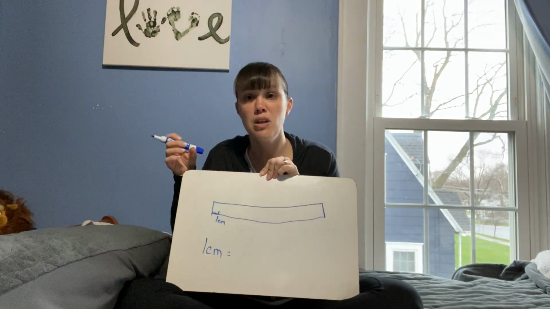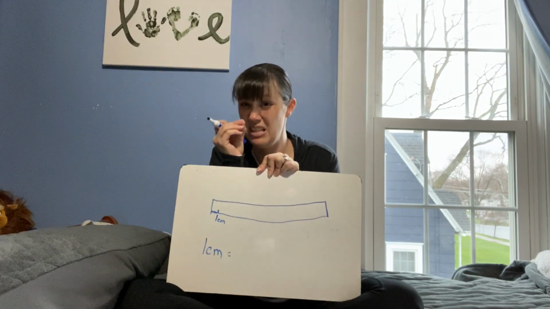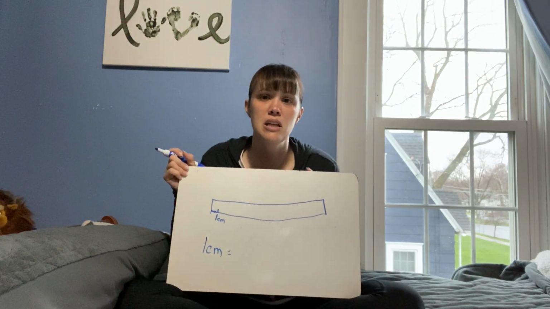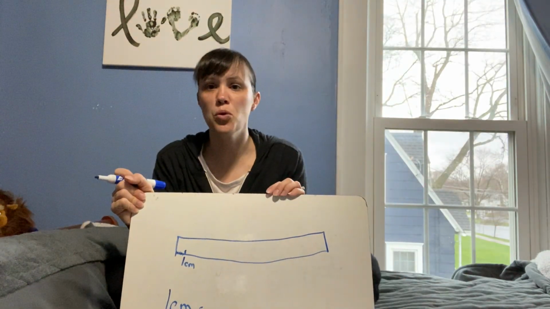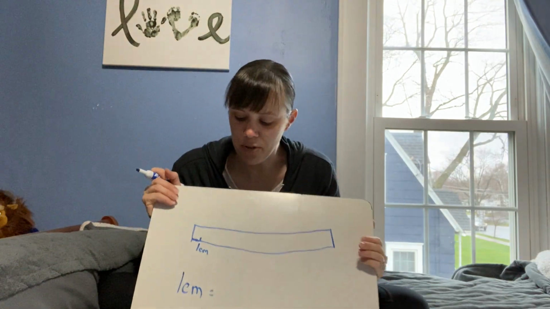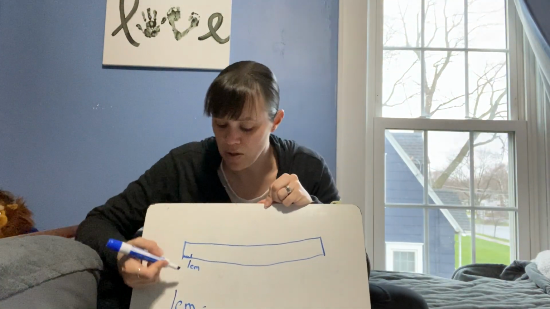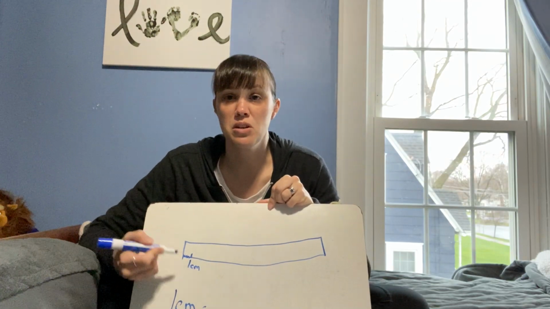So when we measure things, we measure them usually to the nearest tenth in centimeters, because that's very small. In inches, it's a little bit different. We could do like 1/4 inches and 1/8 inches and so on. But for centimeters, we don't usually measure to the nearest centimeter, it's usually the nearest tenth.